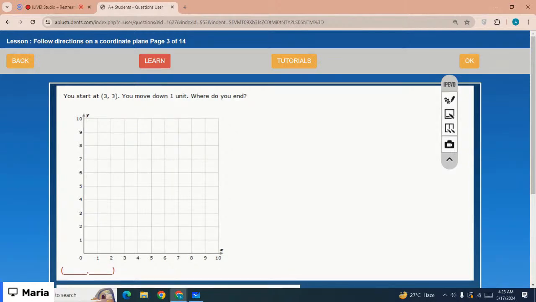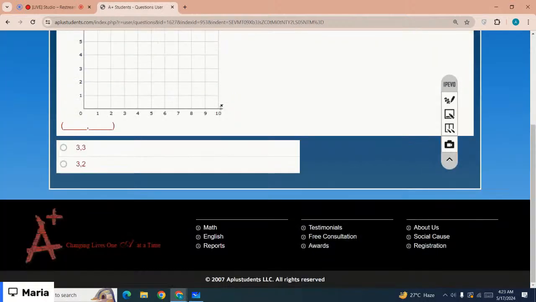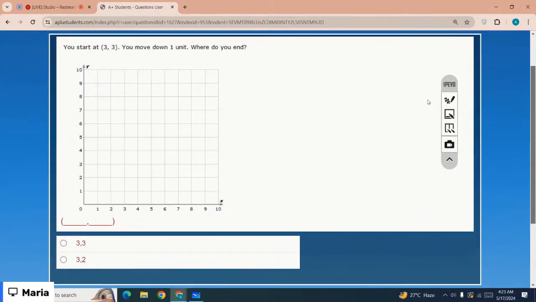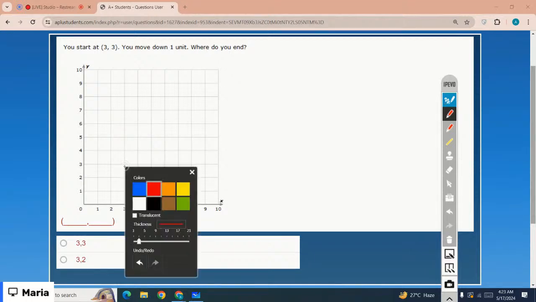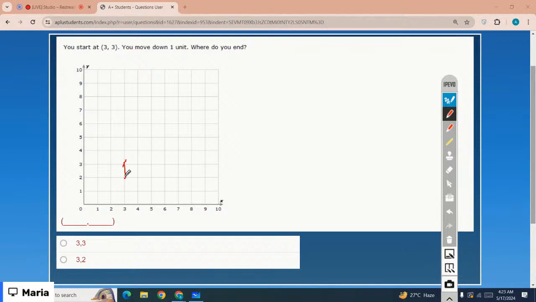Okay, you start at 3 3. You move down 1 unit. Okay, 3 3, right? X is 3, Y is 3. You moved down 1 unit.